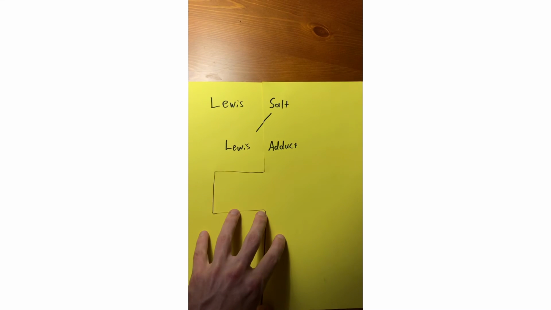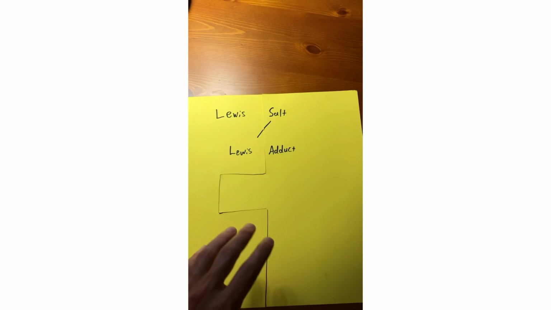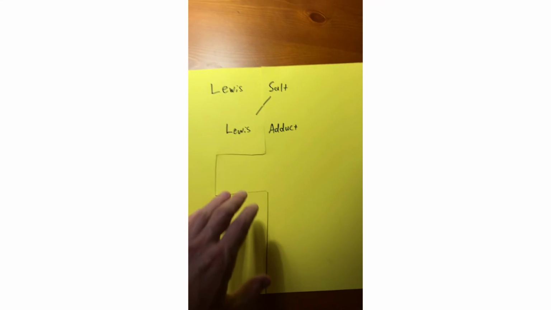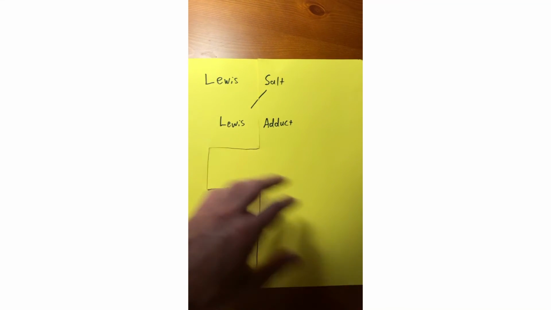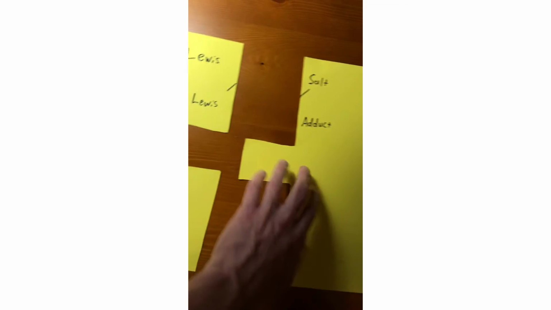Really, this would be an unhybridized orbital, and this has electrons that it can share, and together they form this Lewis salt or Lewis adduct. But unlike with the Bronsted-Lowry definition, if this Lewis salt dissociates, my original Lewis base will keep the electron pair. It will not be fully donated to this Lewis acid.